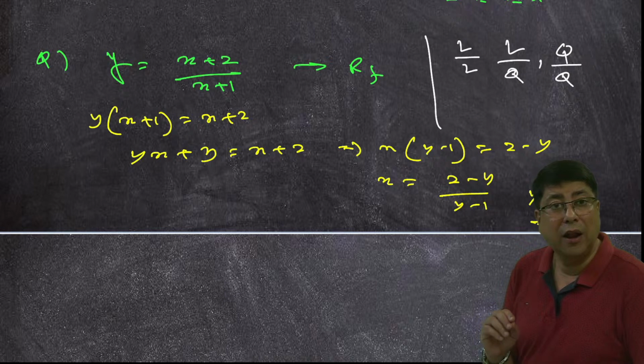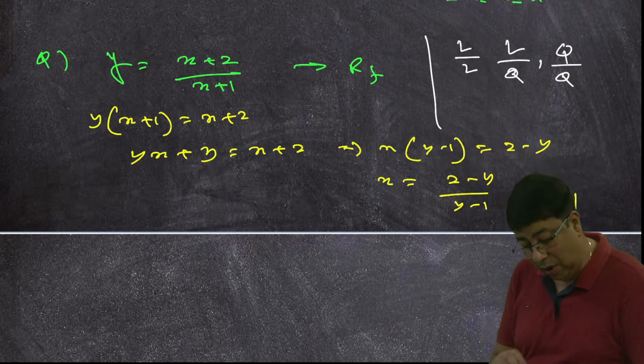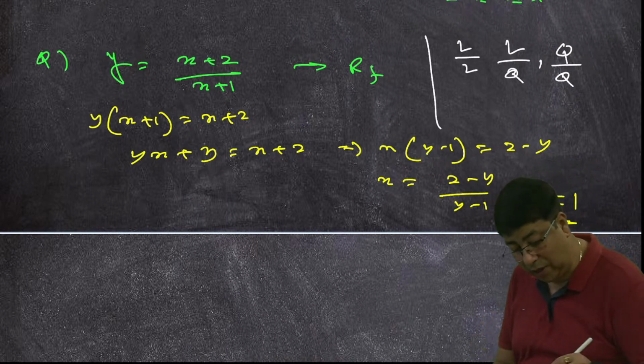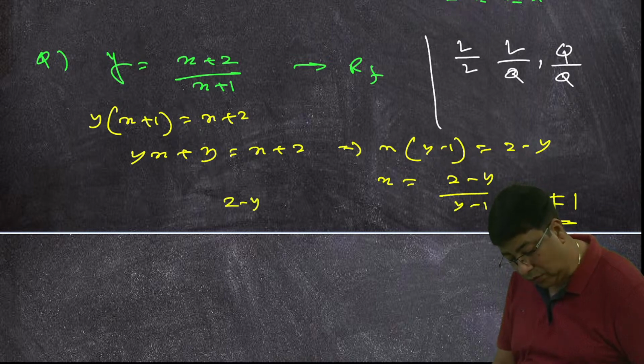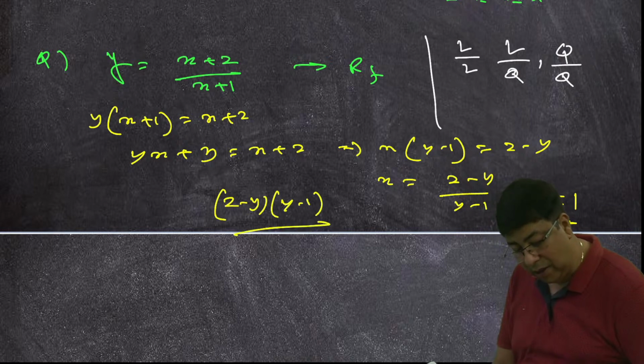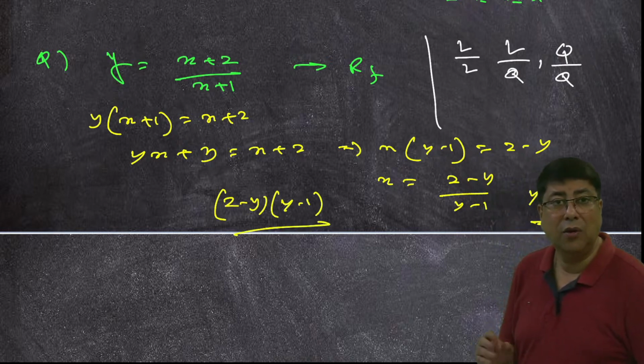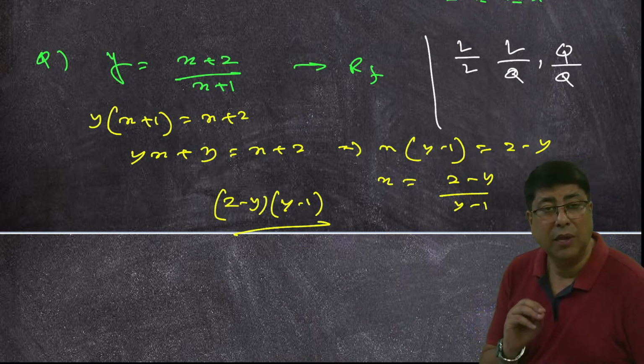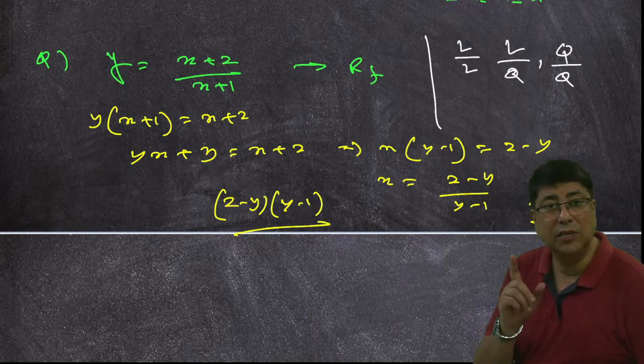One more thing: the domain of y. We can write this as 2 minus y by y minus 1, here y not equal to 1. But if the question asks you to draw the diagram of this, this is under linear by linear.